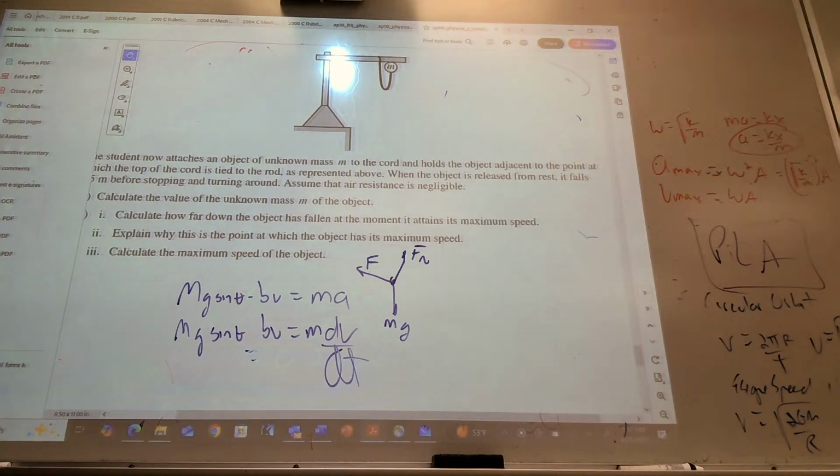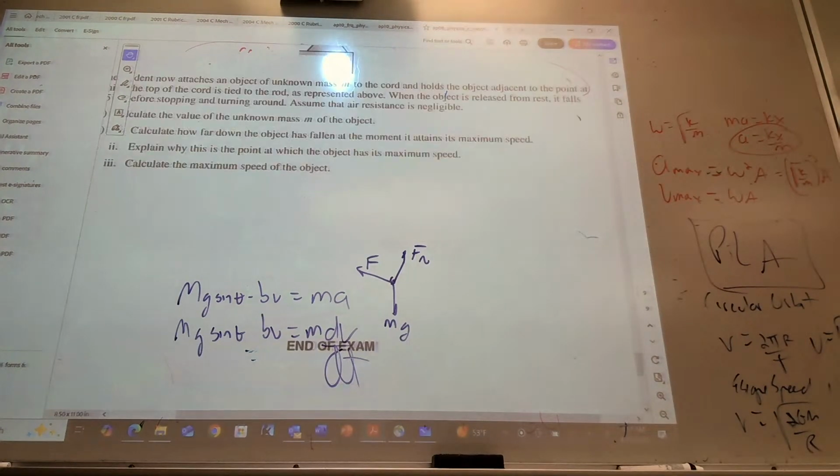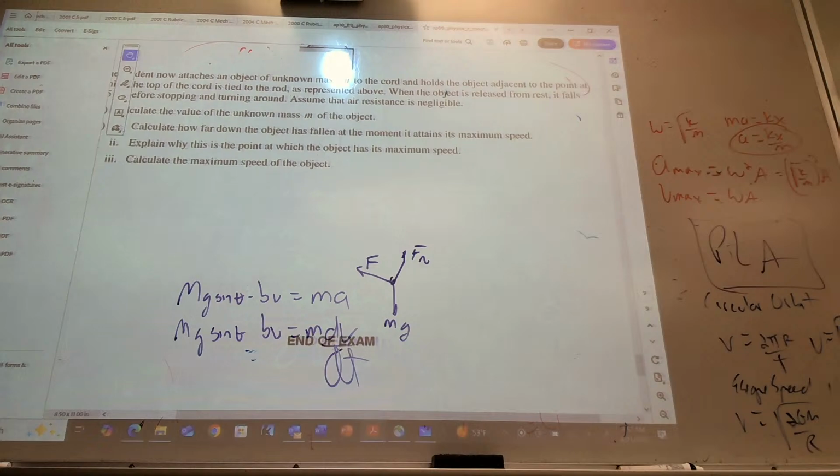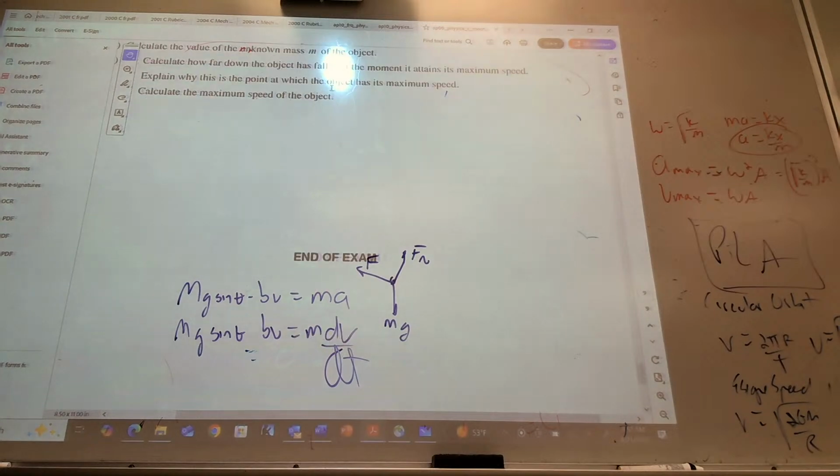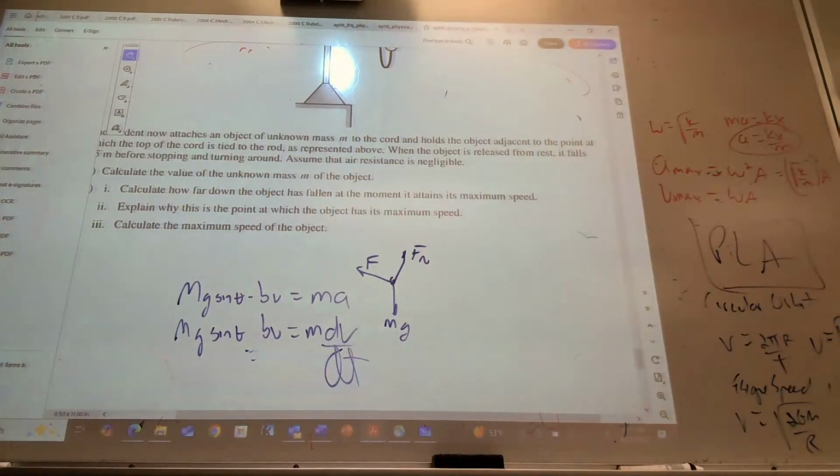So now this is a different question, right? I mean, we're not working with dV/dt right now. We're working with terminal velocity. So write down what you know about terminal velocity. That's the same thing every time too.